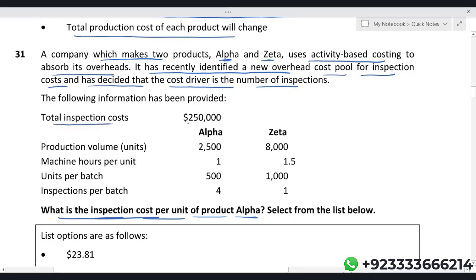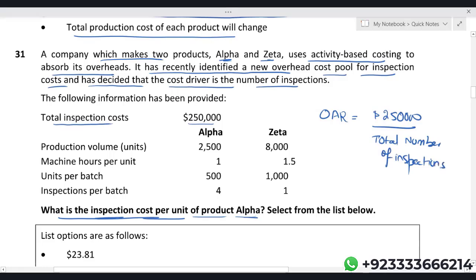Total inspection cost is 2,50,000. So for the overhead absorption rate, total inspection cost is 2,50,000. Now we need the total number of inspections.